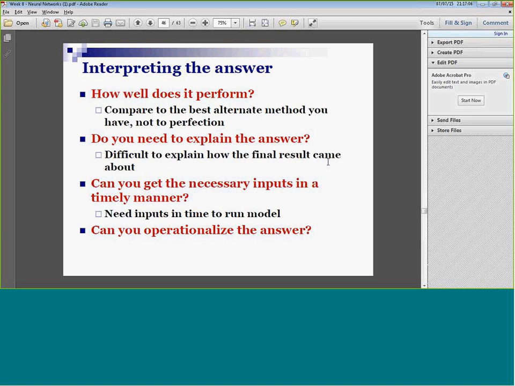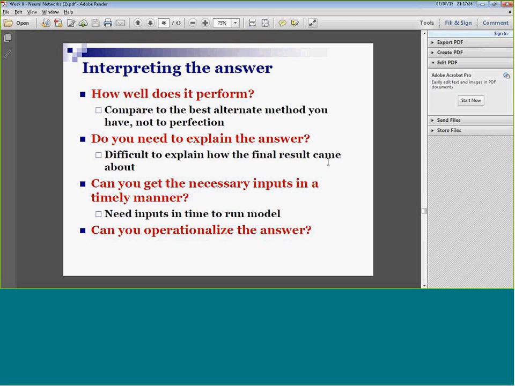Now, when you get the answer, as always, and this is sort of general advice that I've preached before, you can't say, oh, it got some wrong, or it didn't do as well as I'd hoped. No, no, no. The only thing that matters is, does it do better than the alternative way you have of making this work?